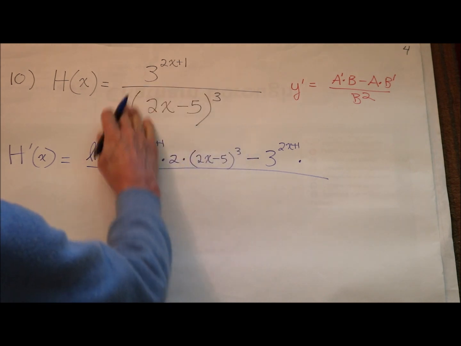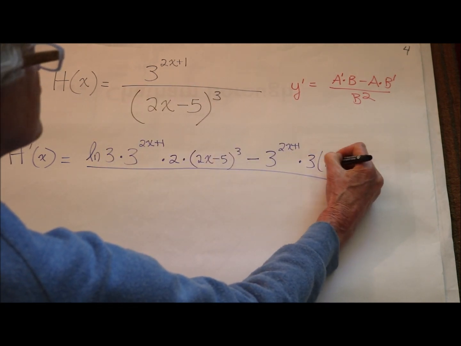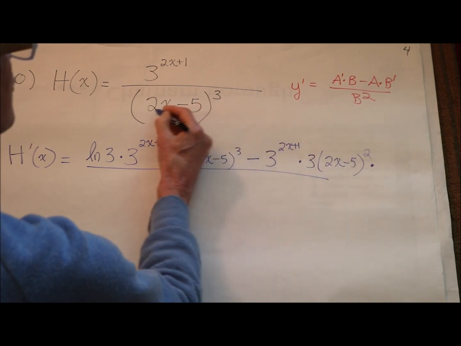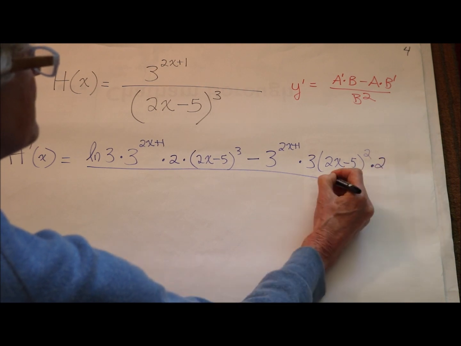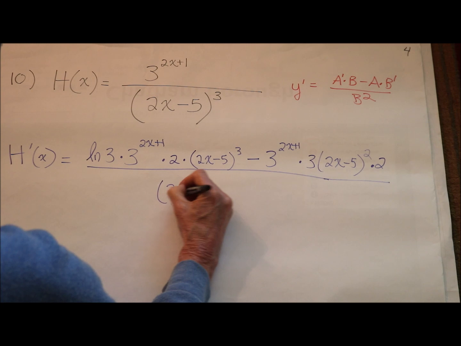The derivative of the bottom is a big power rule, if you will: 3 times that whole shebang squared, and then the chain rule kicks in, times the derivative of the inside, which is 2. And that's all over the bottom squared.